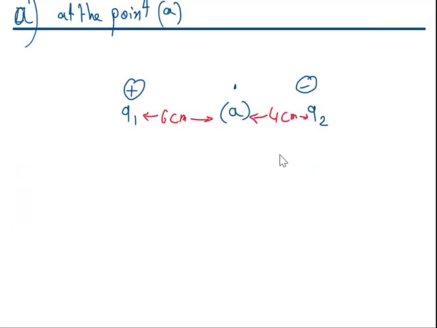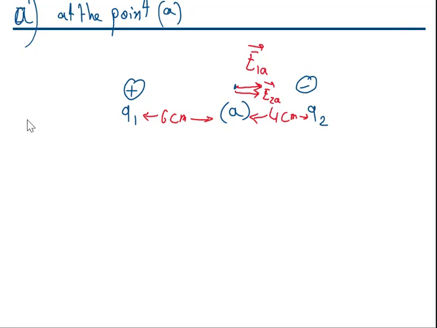Good. Now, the electric field produced by Q1 on the point A is outward or inward? Good. It should be outward because the charge is positive. So this is E1 on A. And E2 on A is inward. Why? Because the charge is negative. So this is E2 on A. Where is the total vector?